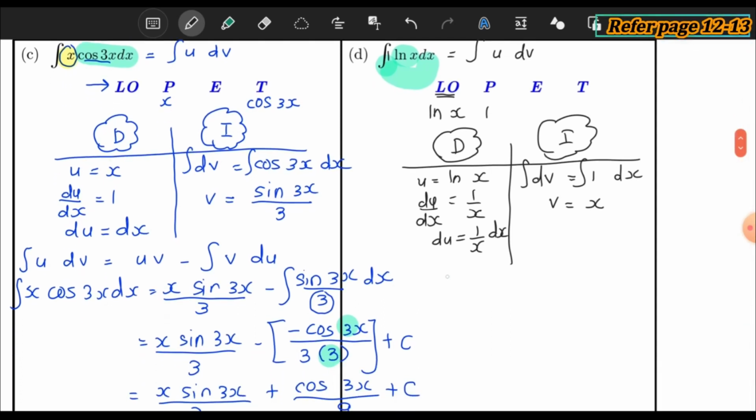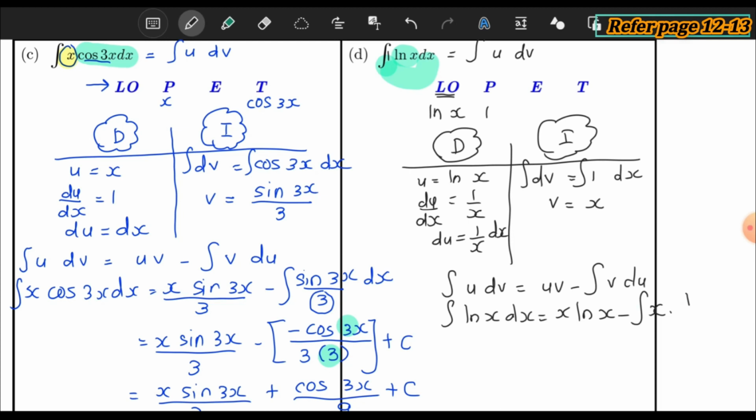Now, we copy the formula, integrate u dv equal to uv minus integrate v du. For this question, we have integrate ln x dx equal to uv, x ln x minus integrate v is x, du is 1 over x dx.